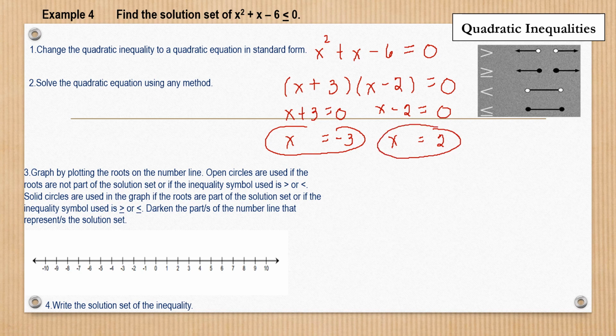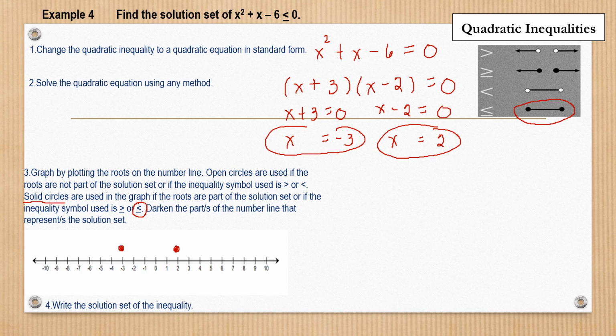For the next step, we graph by plotting the roots on the number line. So the roots are negative 3 and positive 2. Since the inequality used is less than or equal to, we will use solid circles, which means that negative 3 and positive 2 are part of the solution set, referring to the corresponding graph of the given inequality.